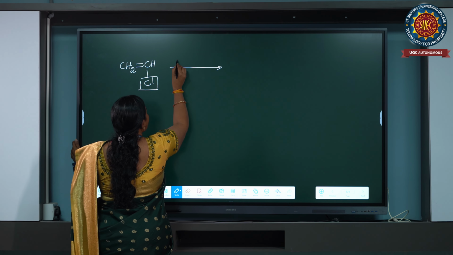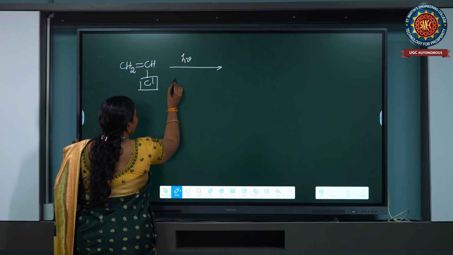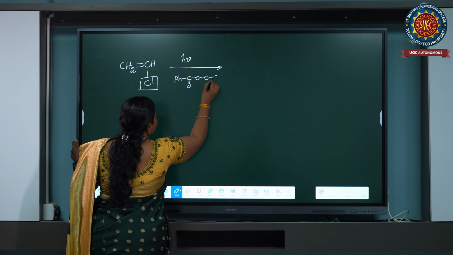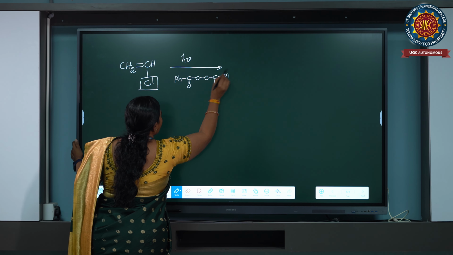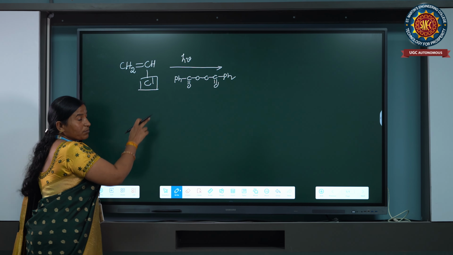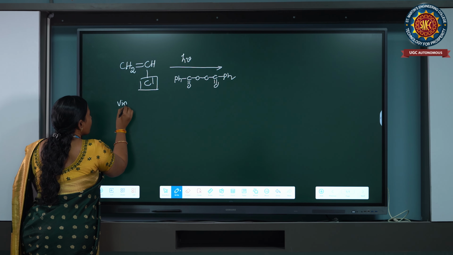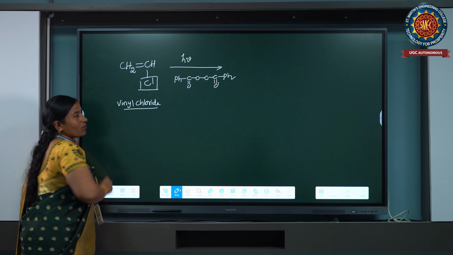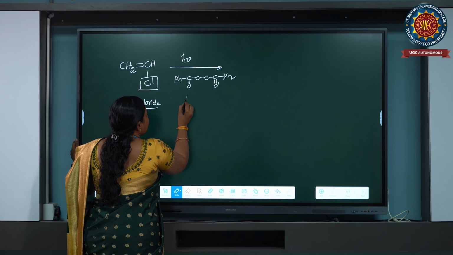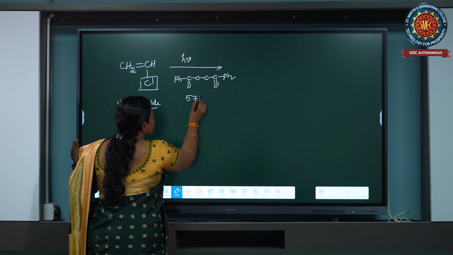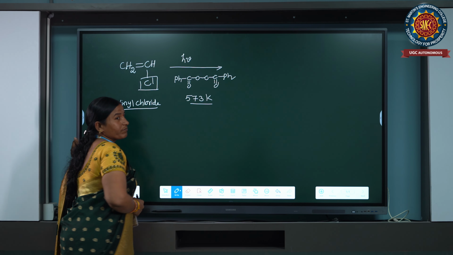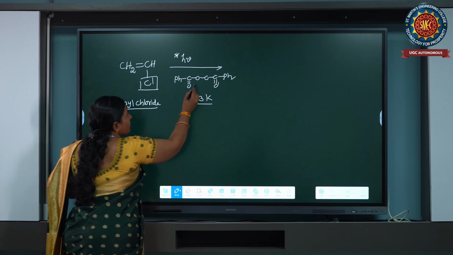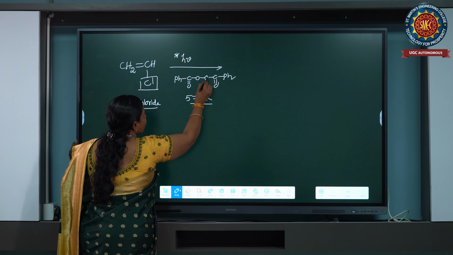In the presence of sunlight and benzoyl peroxide, we maintain the temperature at about 573 Kelvin, and because of the light, this bond breaks.